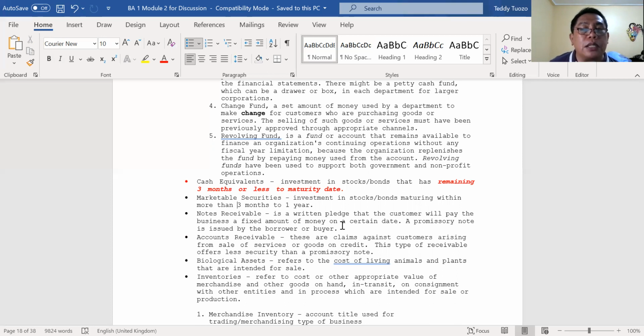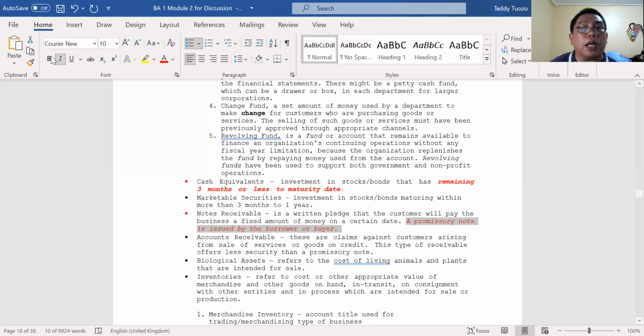Next is a notes receivable. It is a written pledge that the customer will pay the business a fixed amount of money on a certain date. But of course, there is a supporting document for these types of notes receivable, that there is a promissory note issued by the buyer or the borrower.